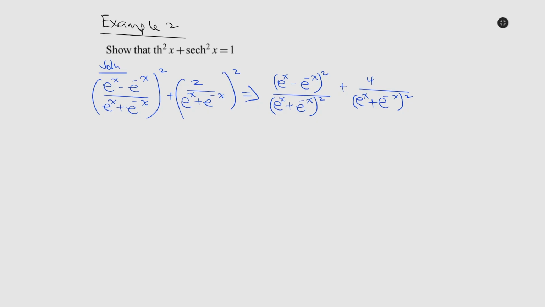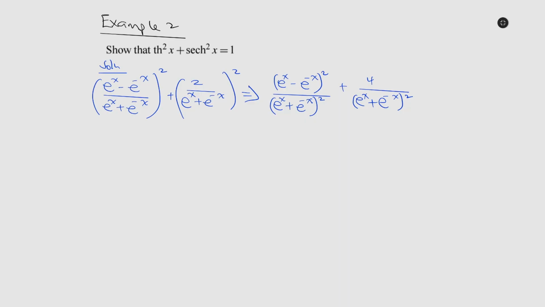Yeah, we could even find the LCM at this point, because both denominators are the same. Or we could first expand everything, but I see it is simpler to find the LCM.